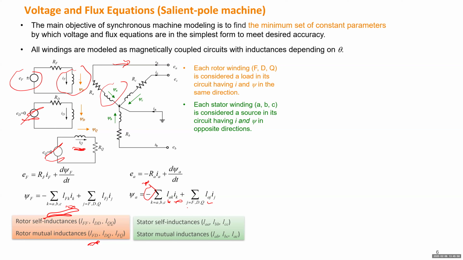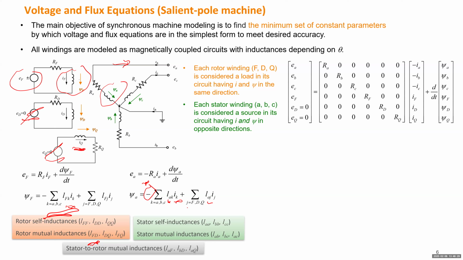Like LAA means the self-inductance of winding A. LAB means the mutual inductance between winding A and winding B. So lastly, we have stator to rotor mutual inductances. Each L also has two subscripts, the first from a stator winding, the second from a rotor winding. So those are all the combinations we have.